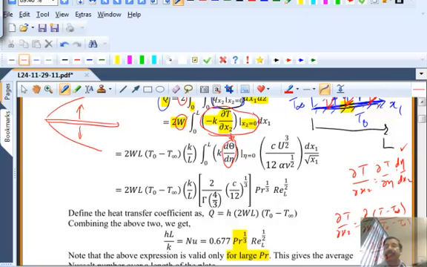But I've divided by T naught minus T infinity, so I need to multiply that also by T naught minus T infinity to keep this thing the same. Now I subtracted T infinity, but that doesn't change anything because I'm taking the derivative of T infinity with respect to x2. So it appears within the derivative term. Okay?